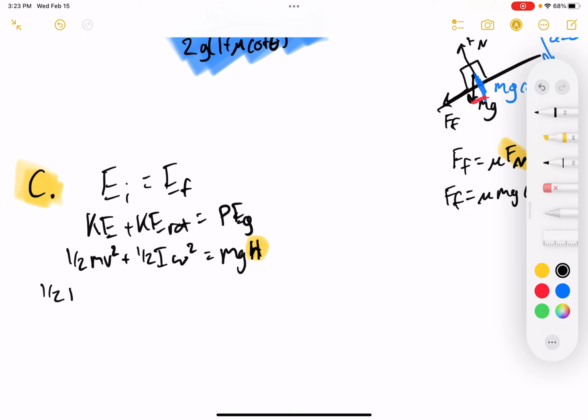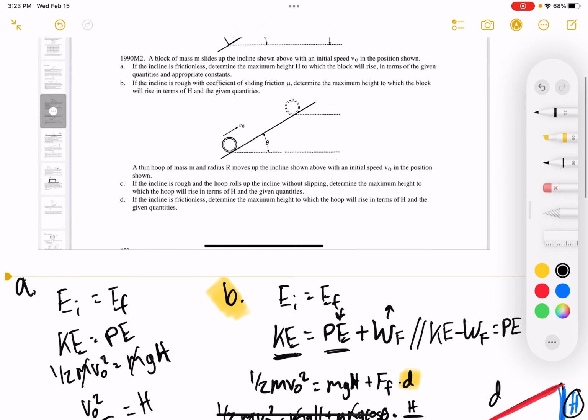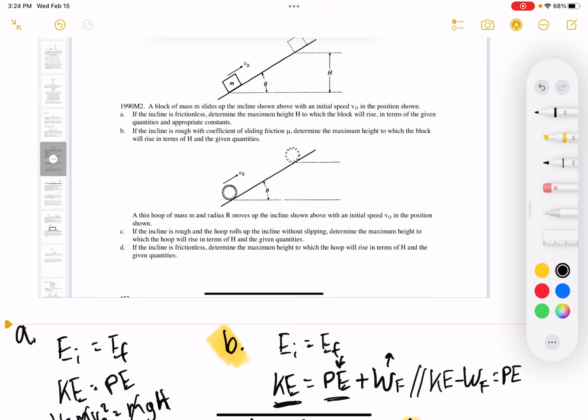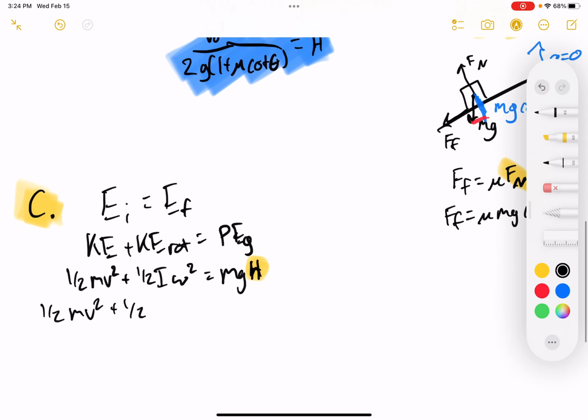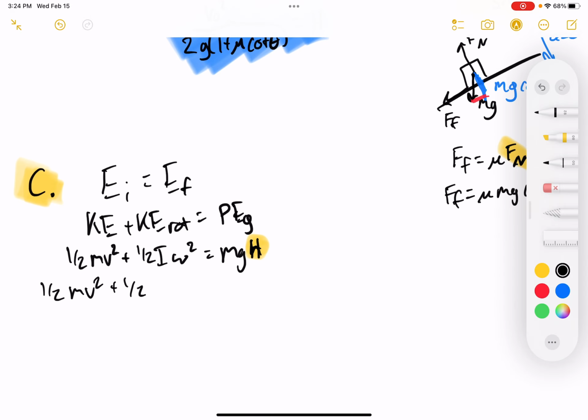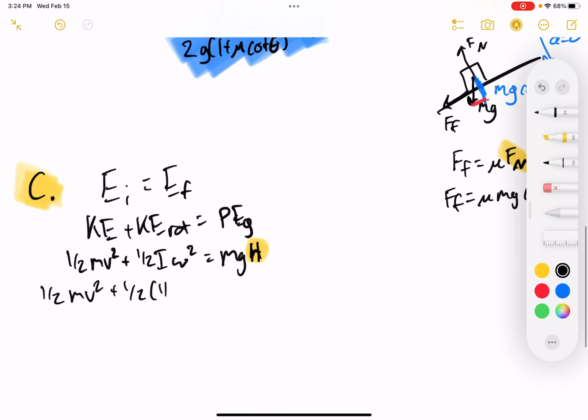So I have 1/2 mv squared plus 1/2. This is a hoop, a thin hoop, which means that all of the mass is going to be at radius r. So that means my moment of inertia is not 1/2, it will just be mr squared.